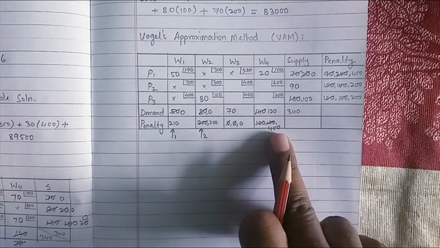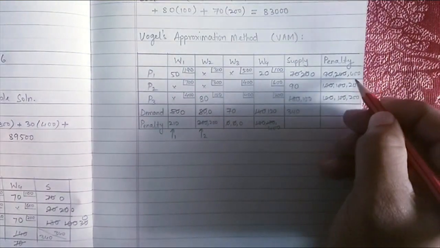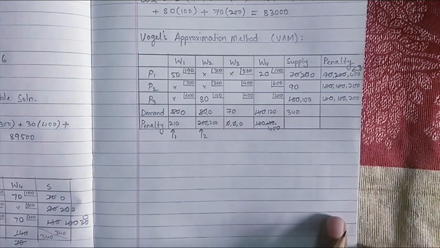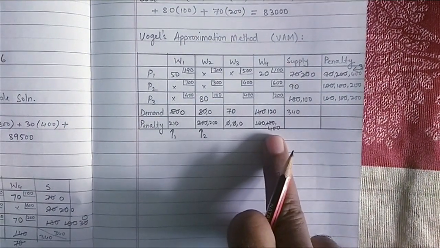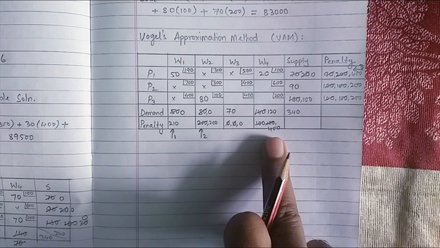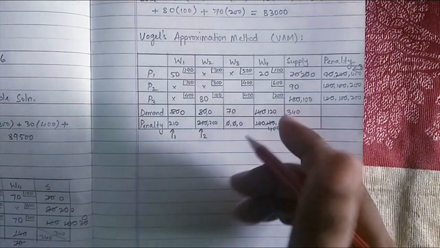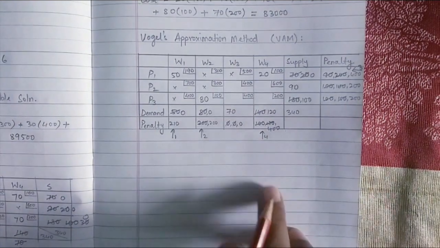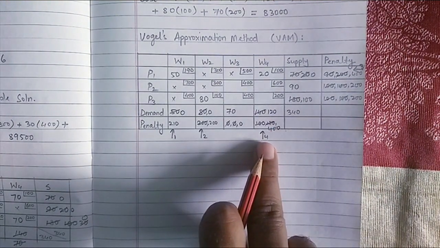Okay, compare the values. This has already been done. This was my third allocation. 400 is the maximum value, right? So I'll do my allocations in W4. So this is my fourth allocation. Where do I do the allocation?